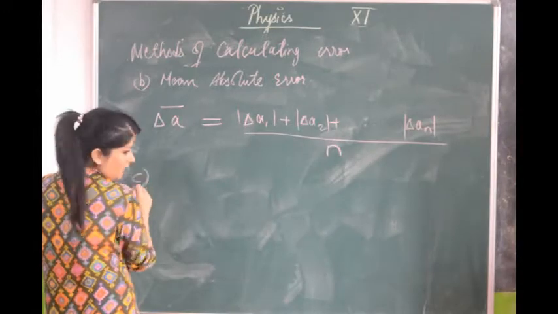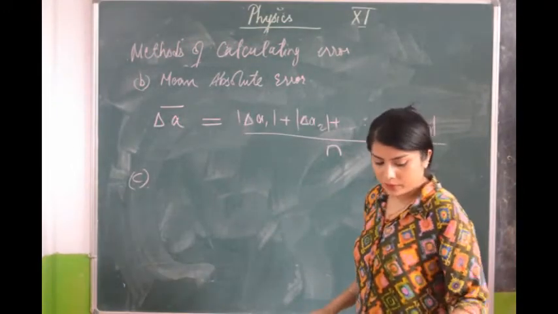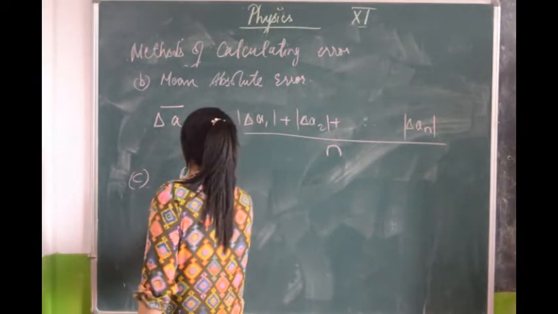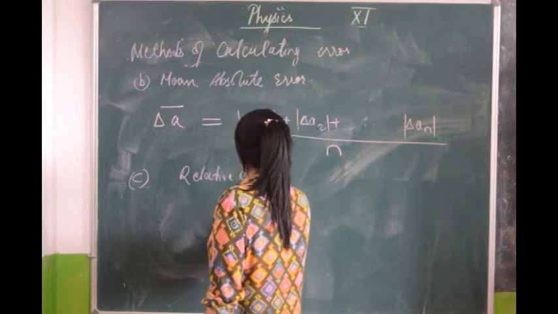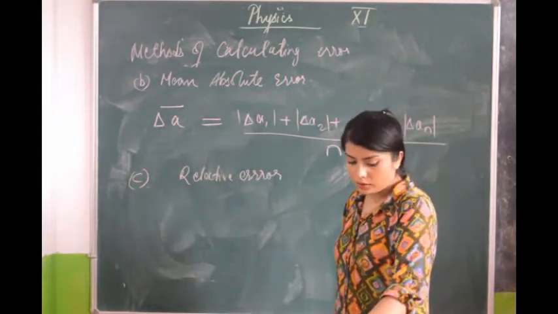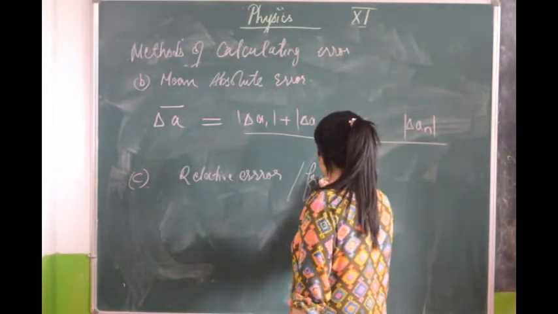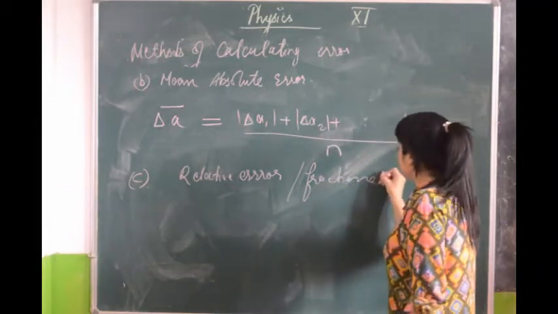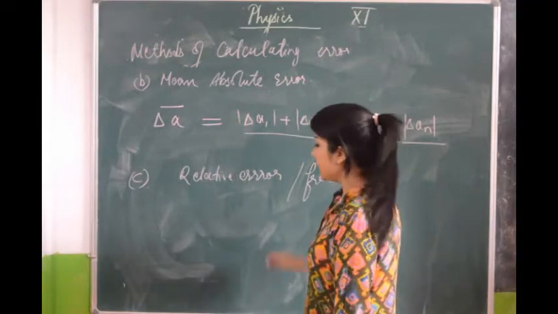Now the third one is relative error, also known as fractional error. So this is a ratio.